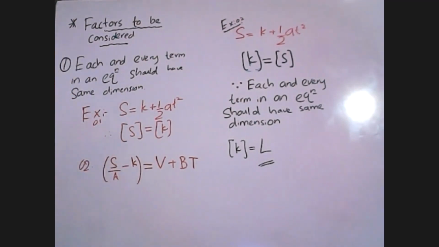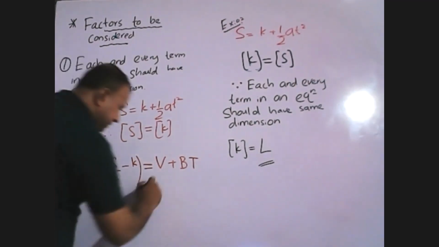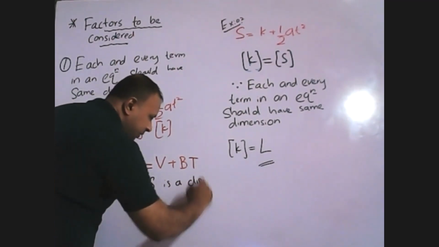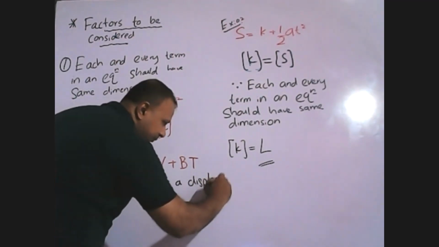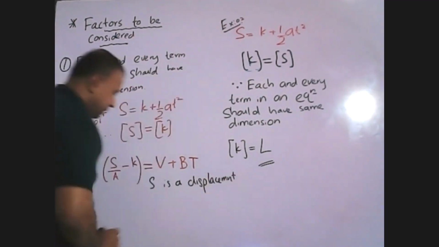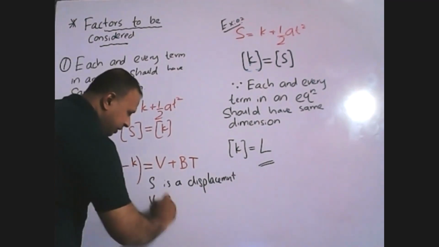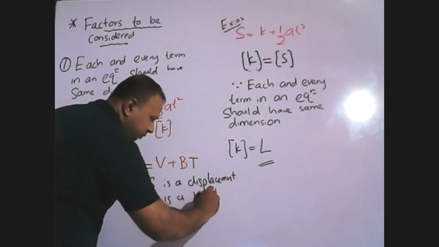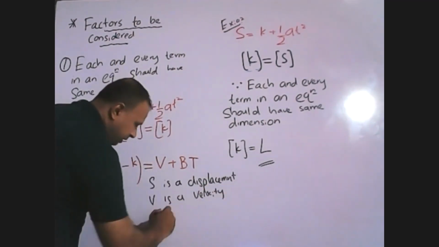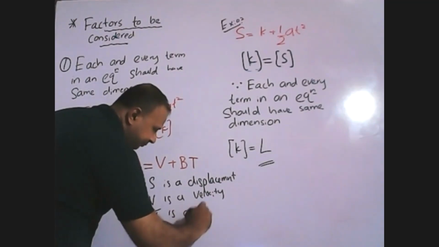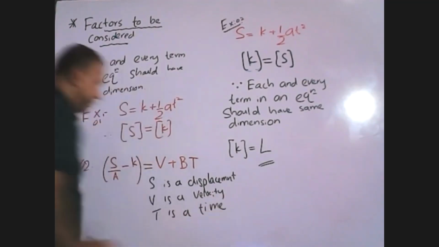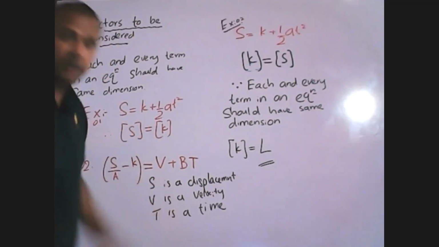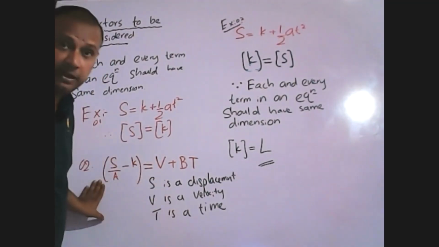Suppose this kind of equation. In here, S is a displacement and V is a velocity and T is a time. Okay, look at this, everyone.